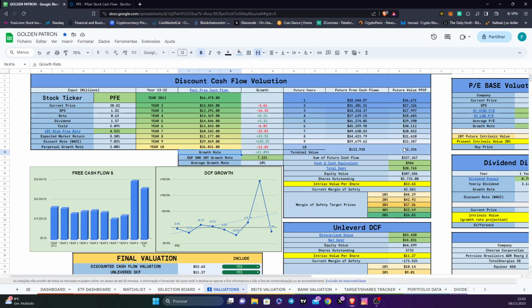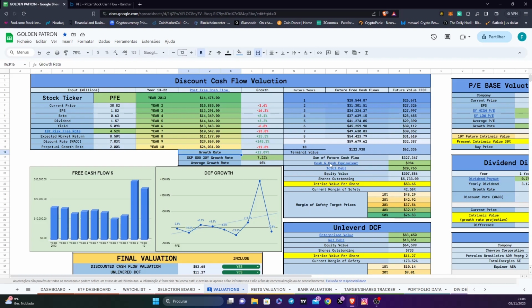Once we get all this data, everything just sums up and we get a sum of future cash flow right here. So now all we have to do is get these two data points, and we'll get everything else automatically until we get the intrinsic value.